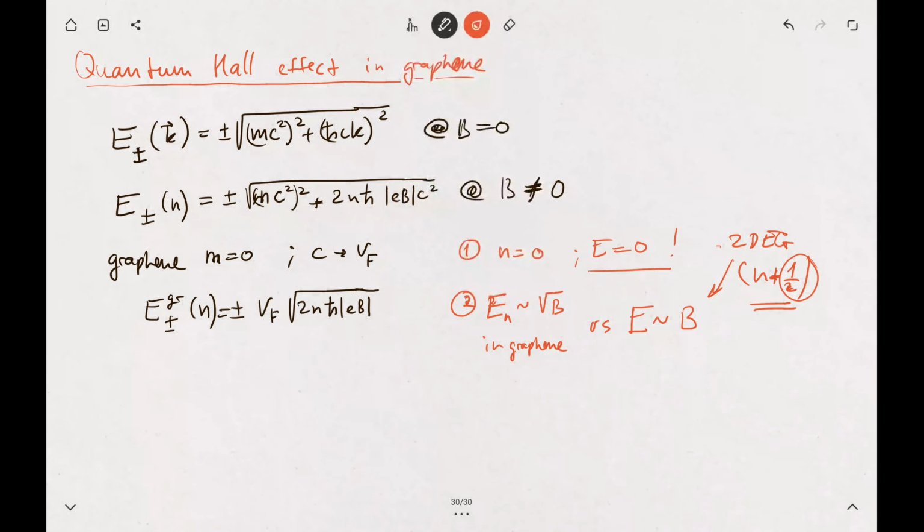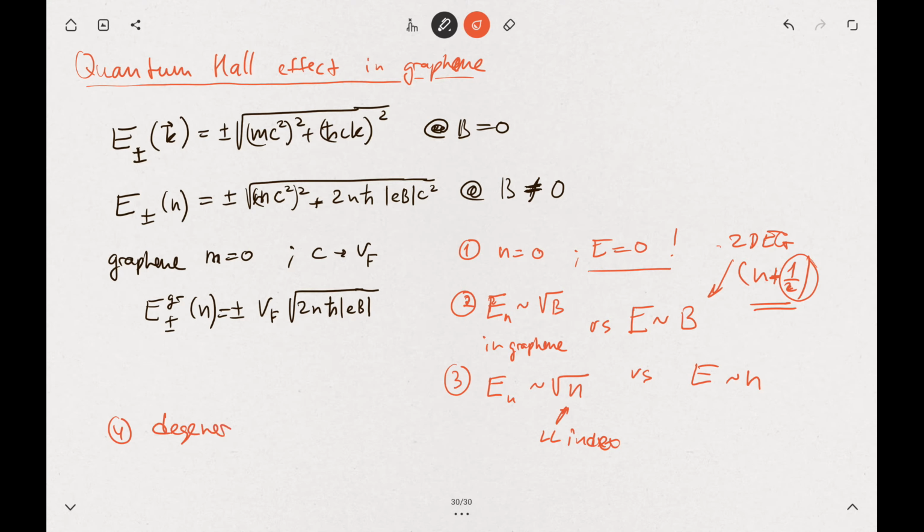And the other one is that the energy of the Landau level is proportional to the square root of the Landau level index, and in the two-dimensional electron gas, it's proportional just to the Landau level index. Then the last bit is that the degeneracy is also different, because in graphene you have 2 spins and 2 valleys. So it's 4-fold degenerate.